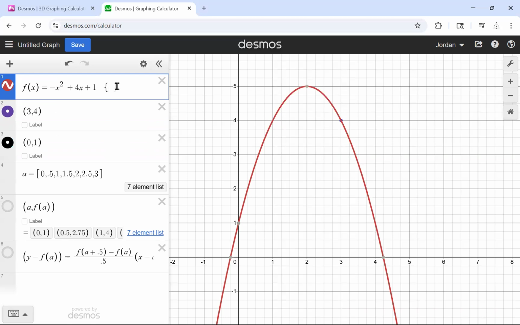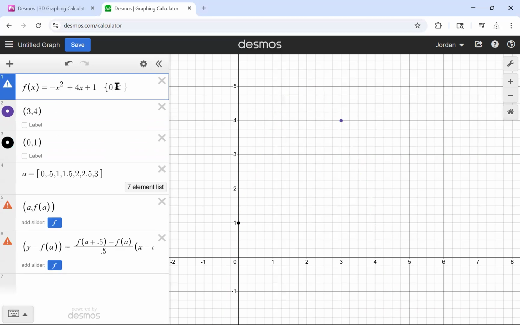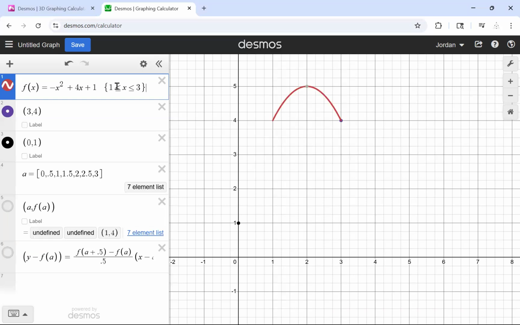One way I can do that is to view this section of the curve and split it up into lots of little pieces.